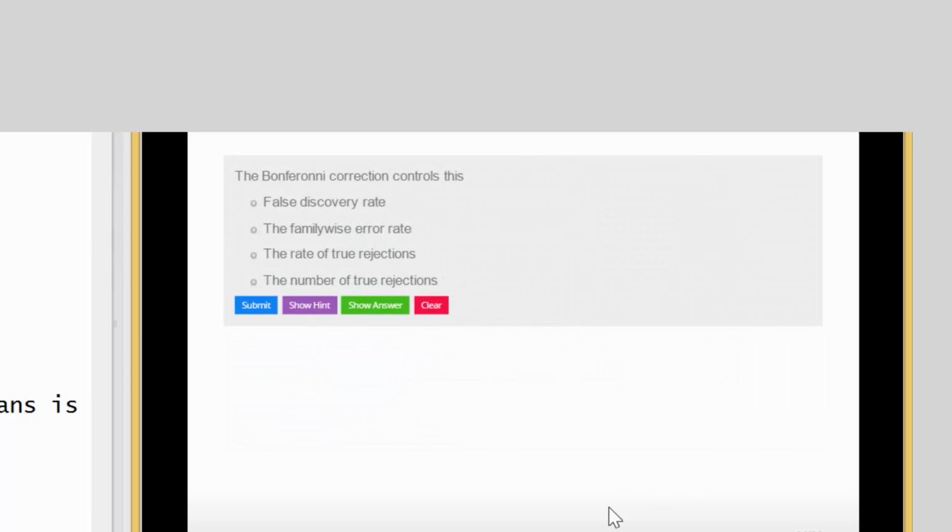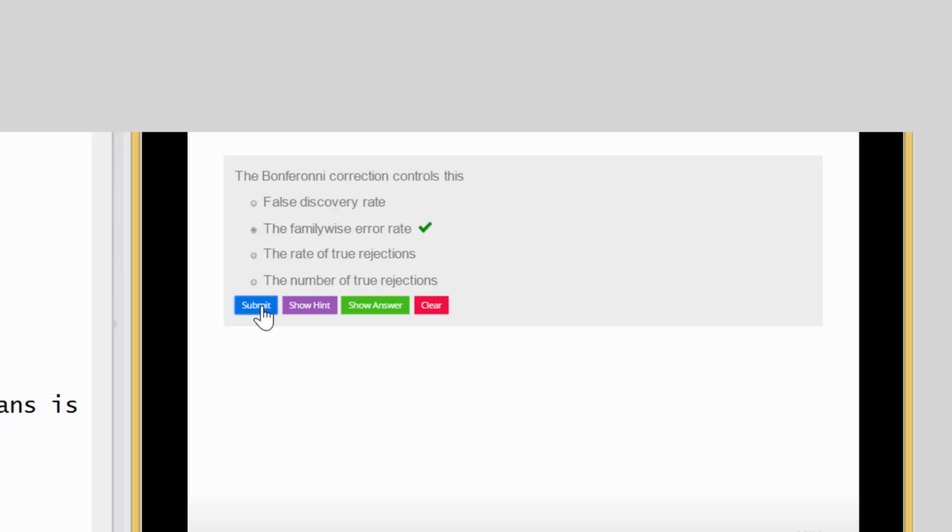On to the last problem, and it's a very simple multiple comparisons question. It says the Bonferroni correction controls the false discovery rate, the family-wise error rate, the rate of true rejections, or the number of true rejections. And it is the family-wise error rate. That's just a definition.